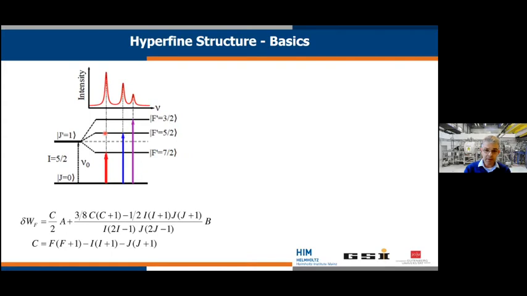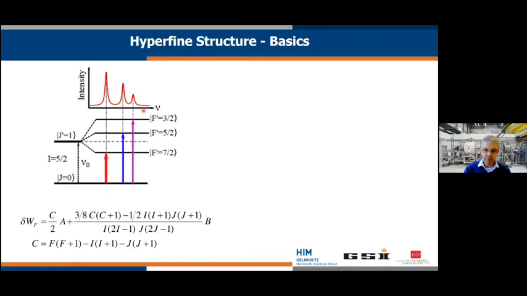The other basic information about the nucleus we can obtain from the nuclear hyperfine splitting. Here you see an example: an atomic ground state with an angular momentum of 0, an excited state with an angular momentum of 1, and a nuclear spin of 5/2 would result in a hyperfine splitting of the upper level.